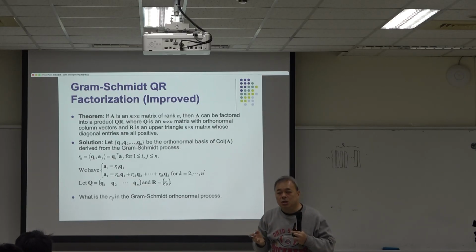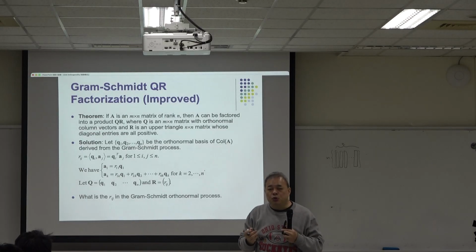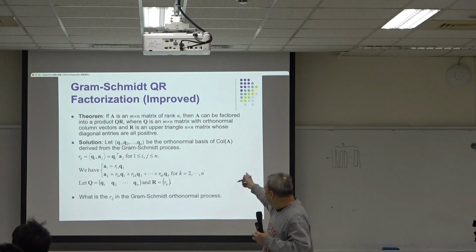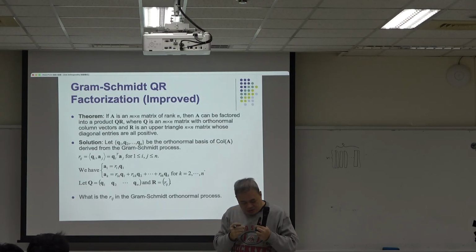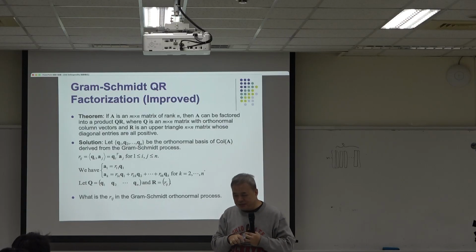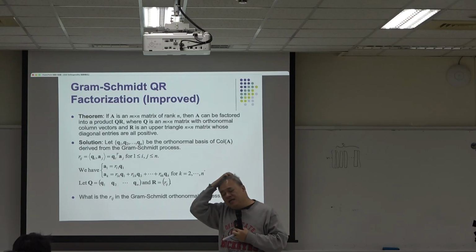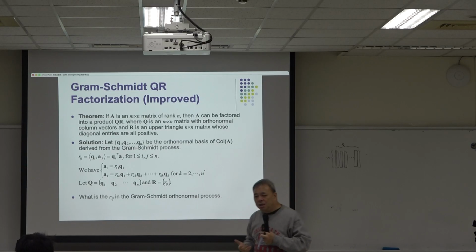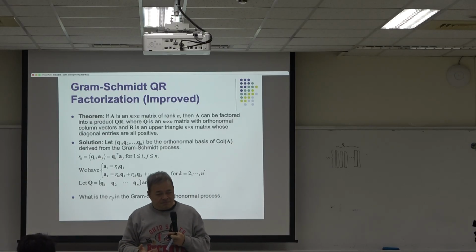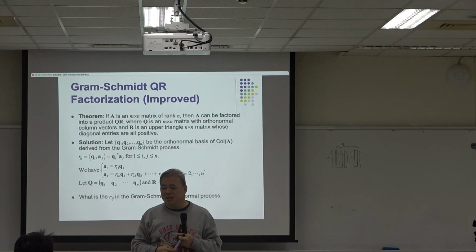Here we said this is rank n. So if you still remember the rank discussion we had earlier, then you will understand that the space generated by these n column vectors is of dimension n.